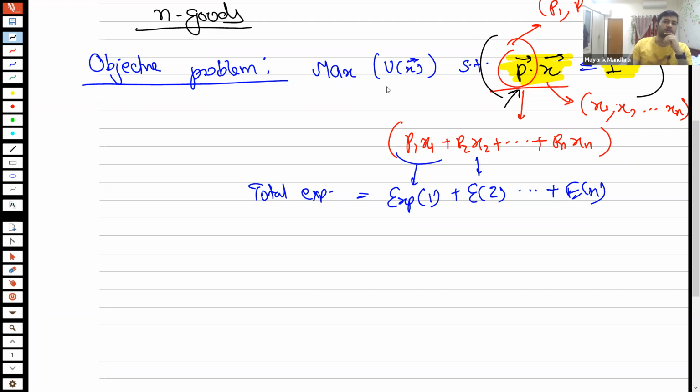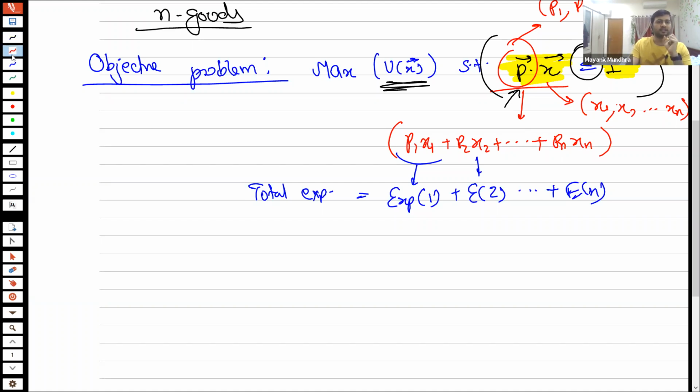So what's happening is that I have to maximize utility given this constraint. Now, this constraint is an inequality. I do not want to work with inequality. I want to convert it into equality. The reason is that the math for inequality constraints and equality constraints are different.